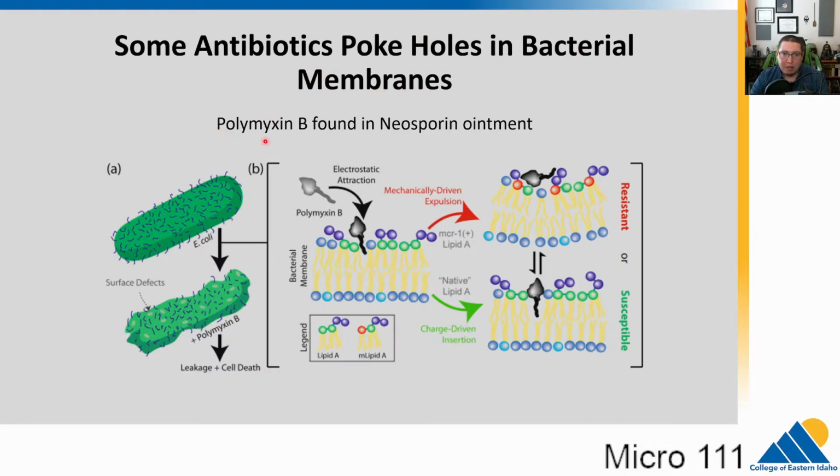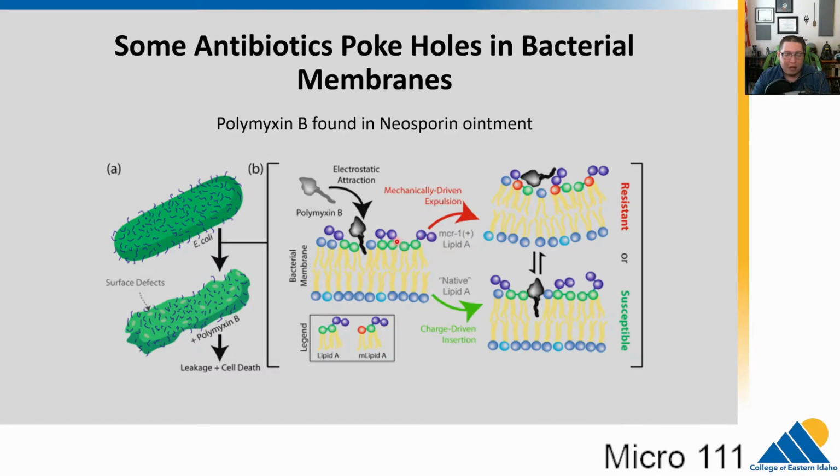So polymyxin B, an antibiotic found in Neosporin ointment, will cause holes to be punched in the bacterial membrane, causing it to degrade. So where it can punch a hole, bacteria will basically shrivel and leak and die. Some bacteria, of course, are resistant to that. We'll talk about that later in the course, though.